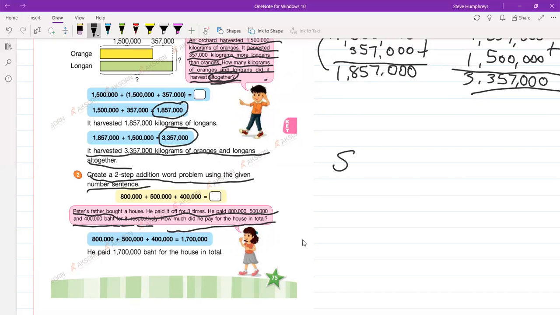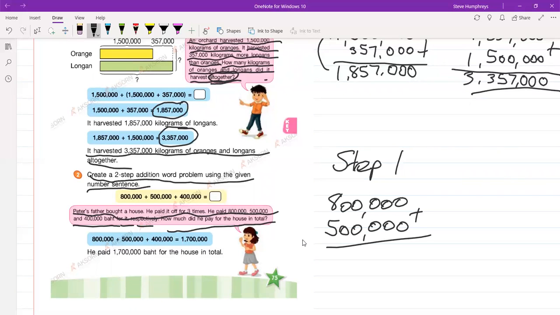So he could do step 1, 800,000 plus 500,000. That's step 1, okay? You could do it like this. You could put this in brackets, so that tells you to do that first, okay?